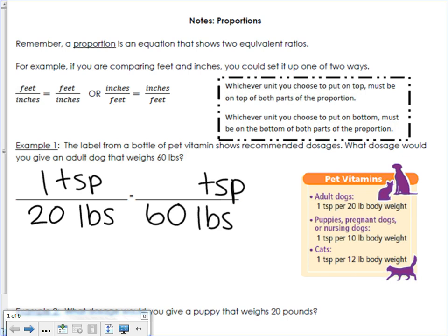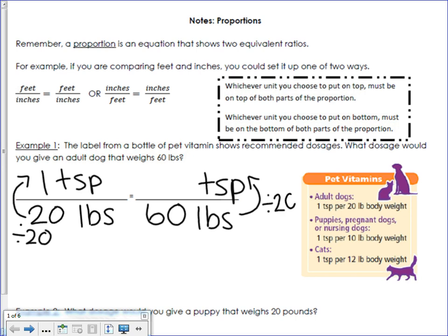So first I'm going to solve it finding a relationship within. So I can ask myself, how can I get from 20 to 1 using multiplication or division? In order to get from 20 to 1, I need to divide 20 by 20. Whatever we do to one side of a proportion, we must also do to the other side of the proportion.